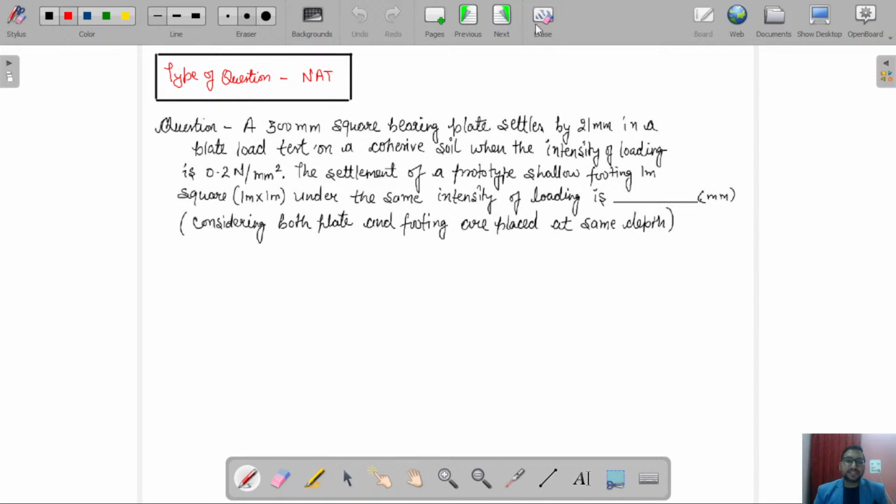Now based on this result, we need to find the settlement of a square footing of size 1 meter into 1 meter. What will be the settlement value for this shallow footing? Try this one. You can just note the data.